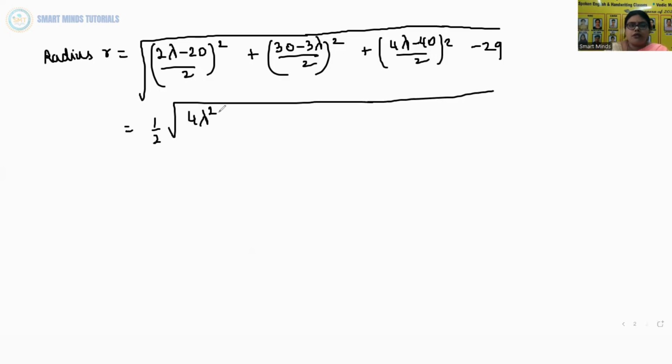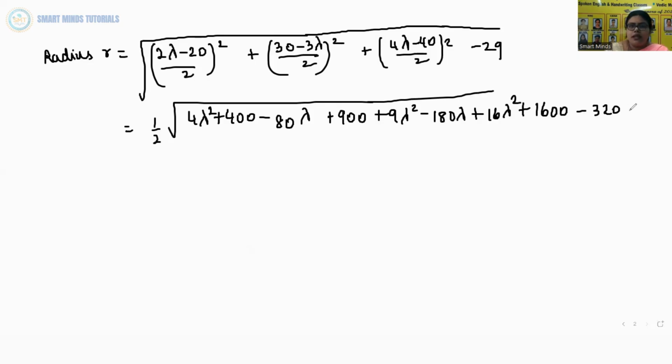So 4 lambda square plus 400 minus 80 lambda plus 900 plus 9 lambda square minus 180 lambda plus 16 lambda square plus 1600 minus 320 lambda minus 29 into 4 will become 116.